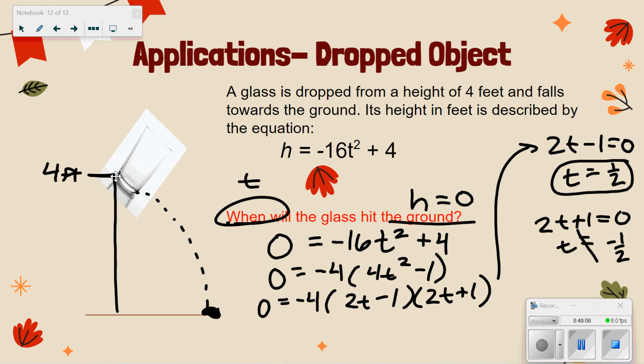This situation is described by this function, but when you're talking about time, the domain would always start at what value? 0. Good. And if I'm talking about height, I'm probably not going to go below ground, so that would always start at 0 as well. So here we only have our time to be one value, which is 1/2.